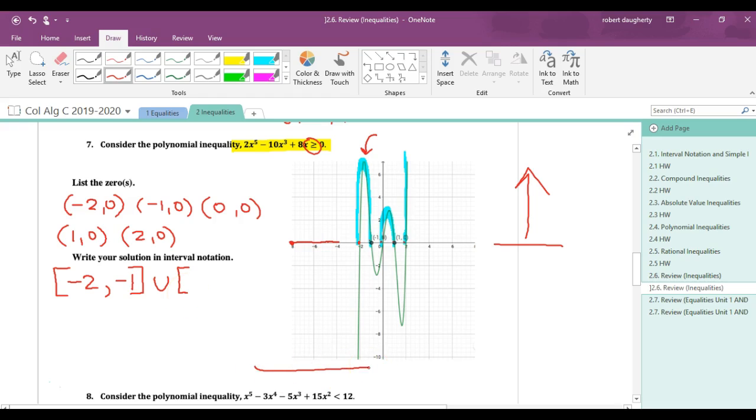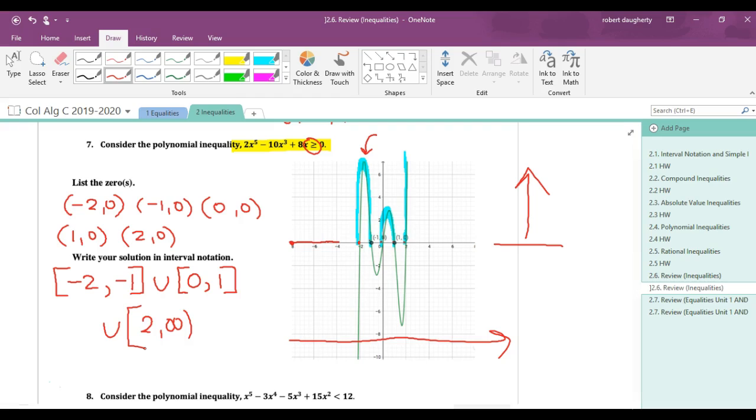As I go from 0 over to 1, it's also greater than or equal to 0. And lastly, when I get to 2, it stays positive for the rest of the trip along that axis. So that would be 2 to infinity. That's where the graph is greater than 0.